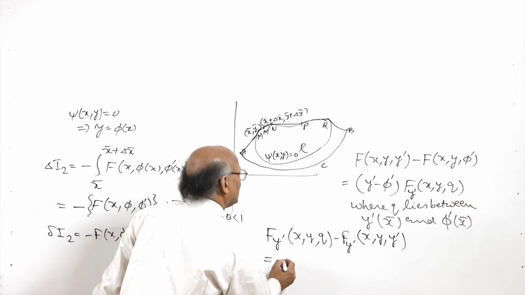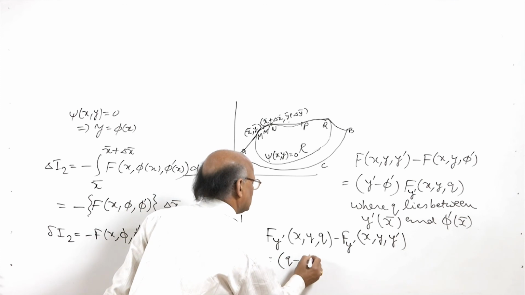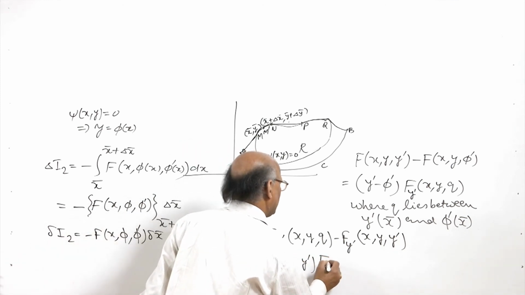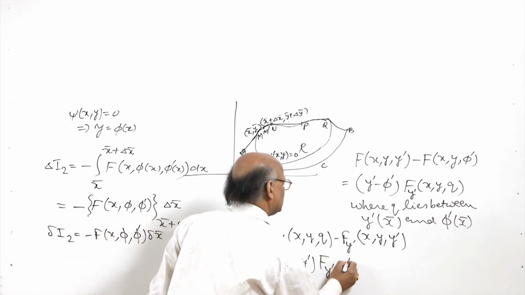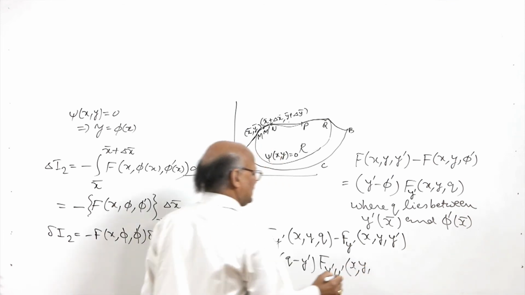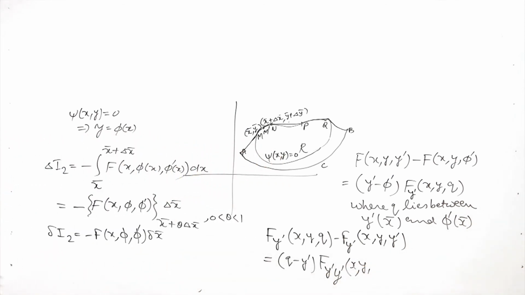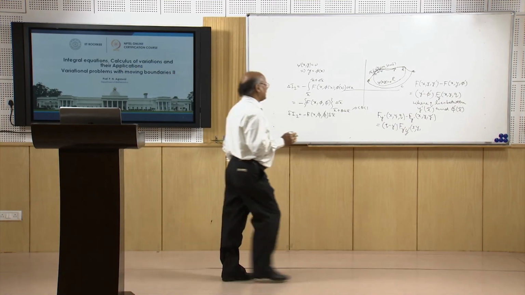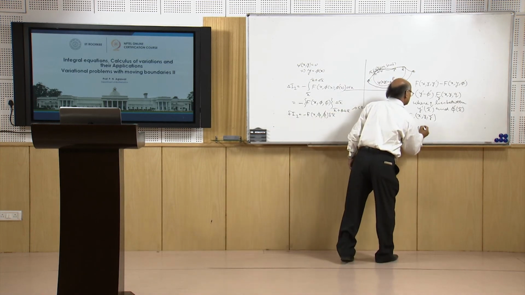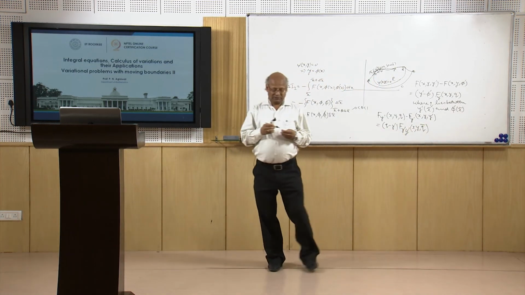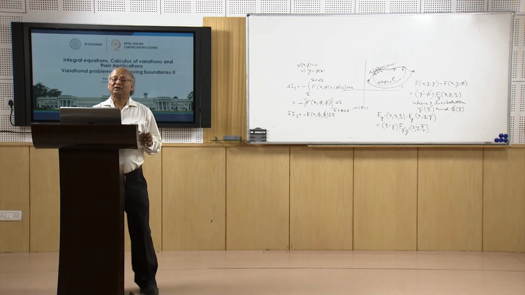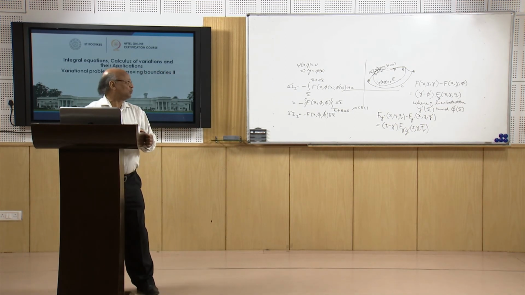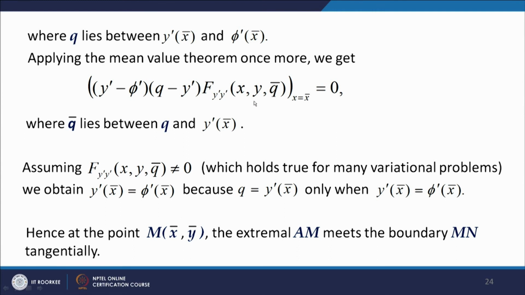So this will be (q minus ψ') into f_ψ'ψ' at q̄. So we have (ψ' minus φ') into (q minus ψ') into f_ψ'ψ' at q̄ at x = x̄, where q̄ lies between q and ψ'(x̄).